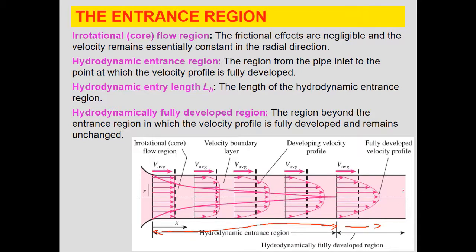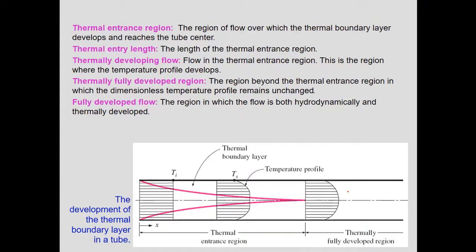From this point, the velocity will be constant, and we can just use the average to have the velocity. And this L is not always small. Sometimes we can have just an imaginary L to have this fully developed velocity profile. Okay, so this is for the entrance region of the flow inside the pipe.